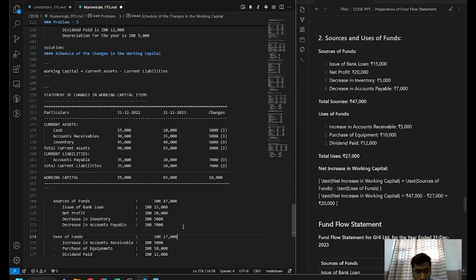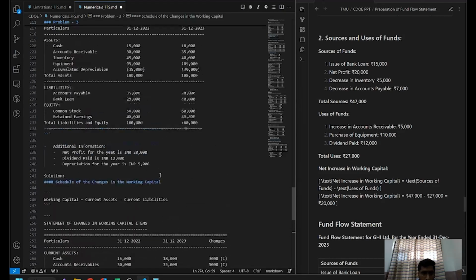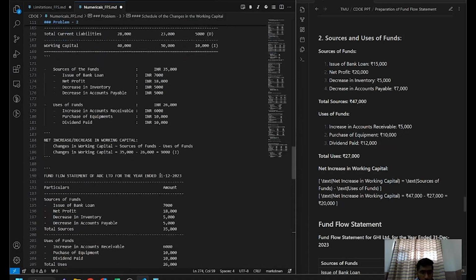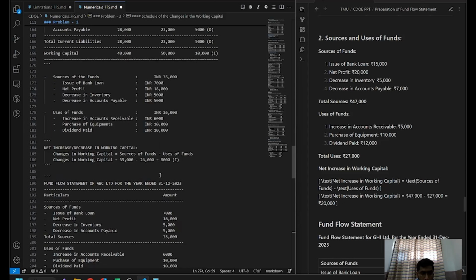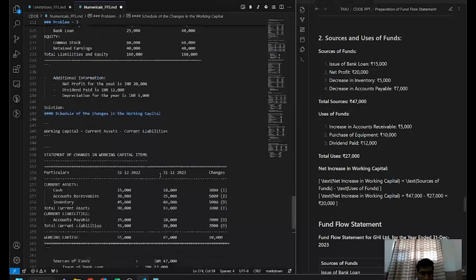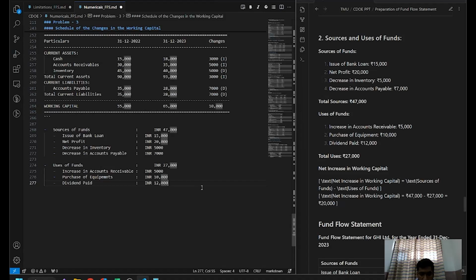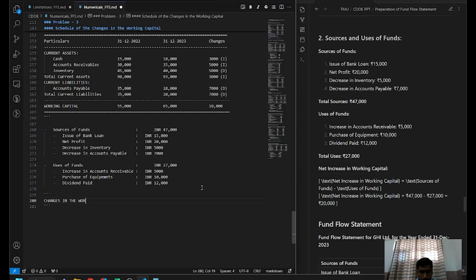So here the net increase in the working capital, or I should say the changes in the working capital. Okay, so let us talk about the changes in the working capital.